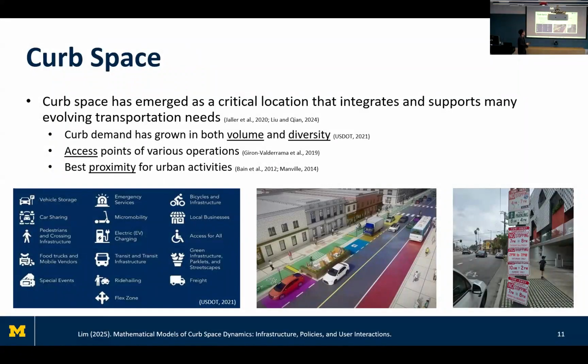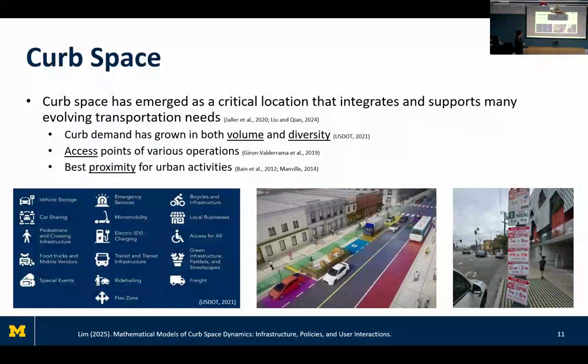Its value comes from providing the best proximity to urban activities, because people can park or stop right next to wherever they want to go, and they can have the best access to other services like healthcare, food, shopping, any services that they want in the urban setting.